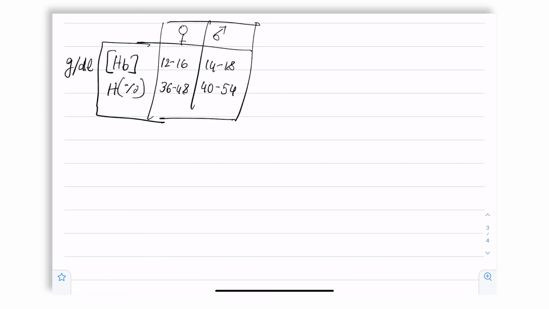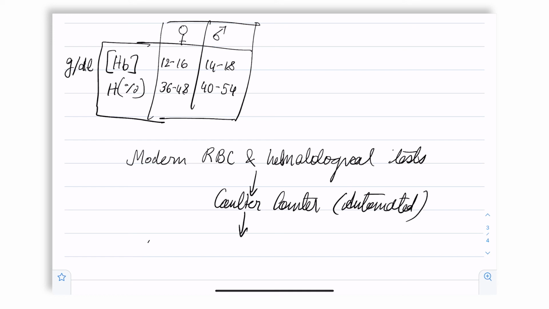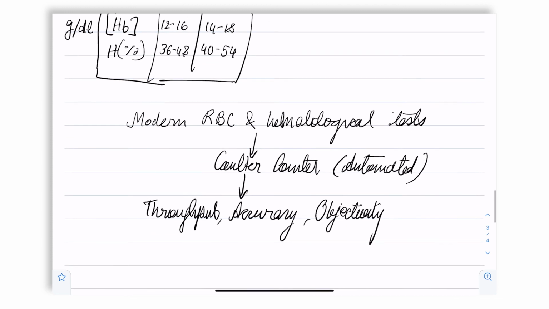Many of the modern RBC and hematological tests are done using a Coulter counter, that is to say automated, which has many advantages in terms of throughput, accuracy, objectivity in identification, and a few others.